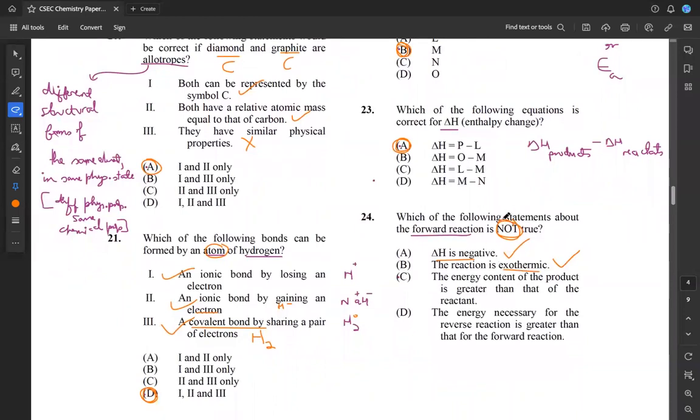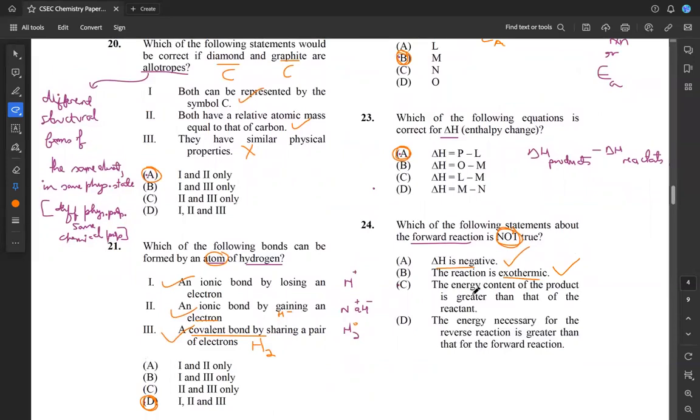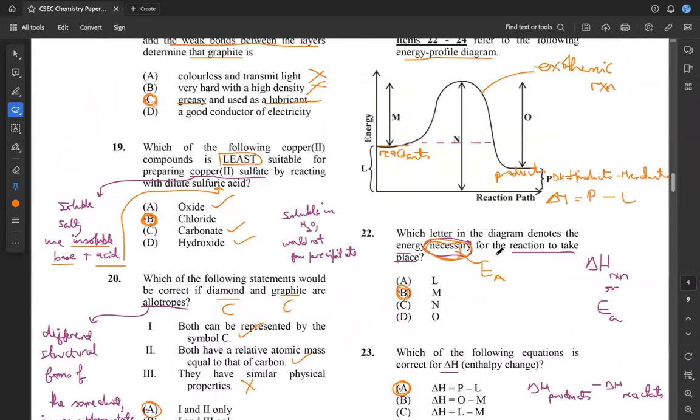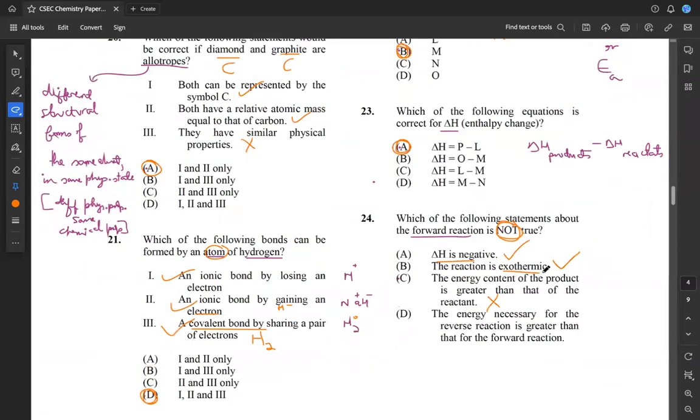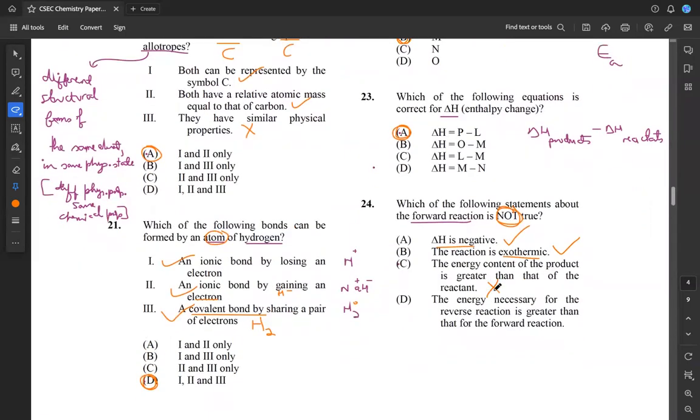Remember, we're looking for what's not true, right? So these two things are true. The energy content of the product is greater than that of the reactants. That's not true, and we can tell that even just by looking at the graph. The energy content of the reactant is greater than that of the product. So the energy content of the product is less. And because it's less, it's exothermic, as we said in these previous steps, okay?